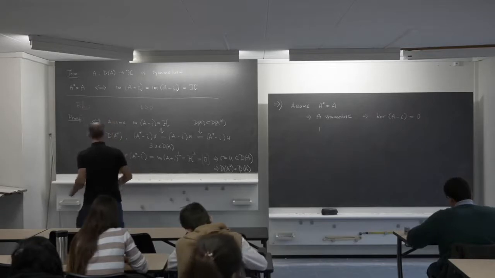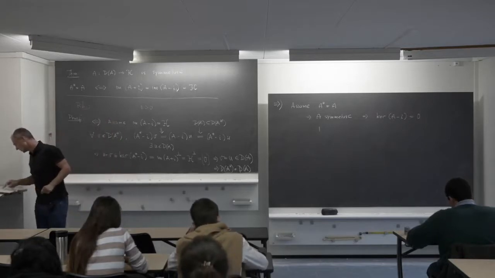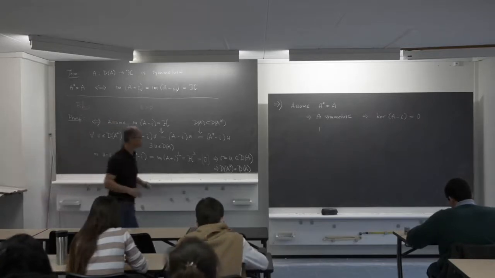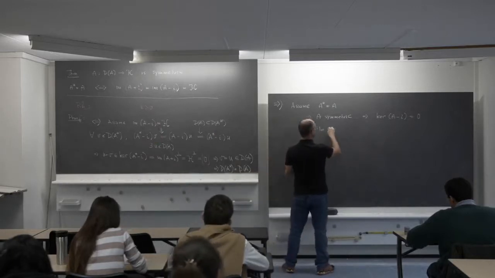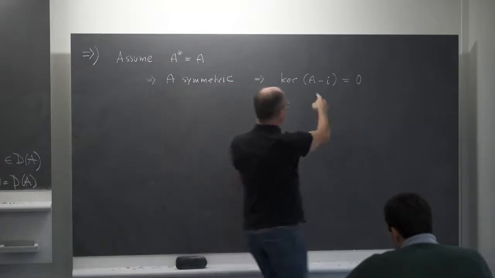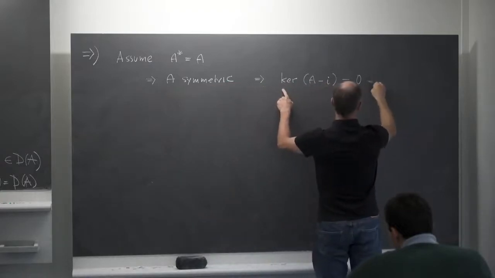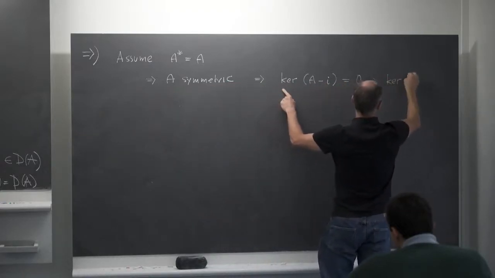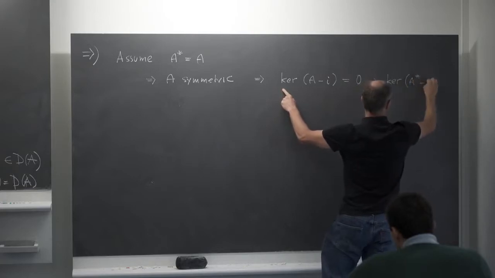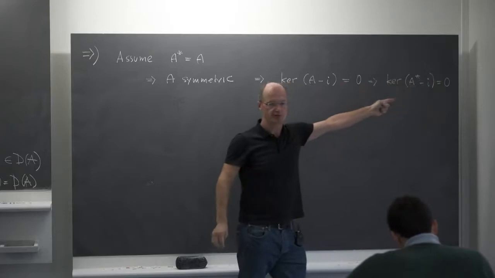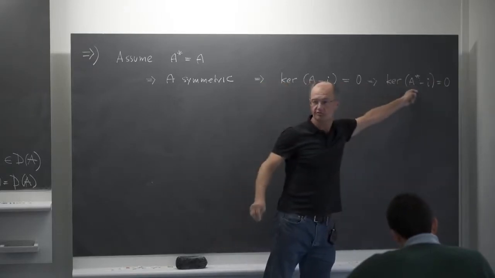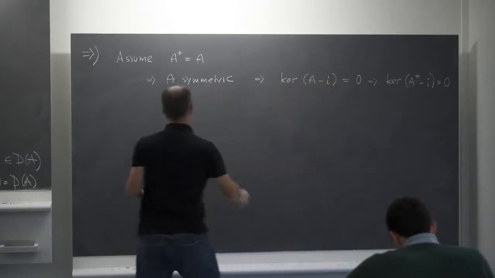So this means that, of course, A is equal to A star. Let me write it also this way. This is an identical rewriting, but let me just denote it for a moment by A star.